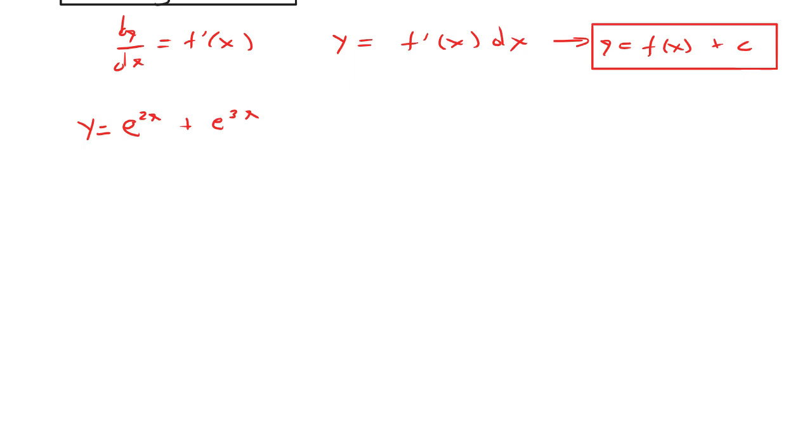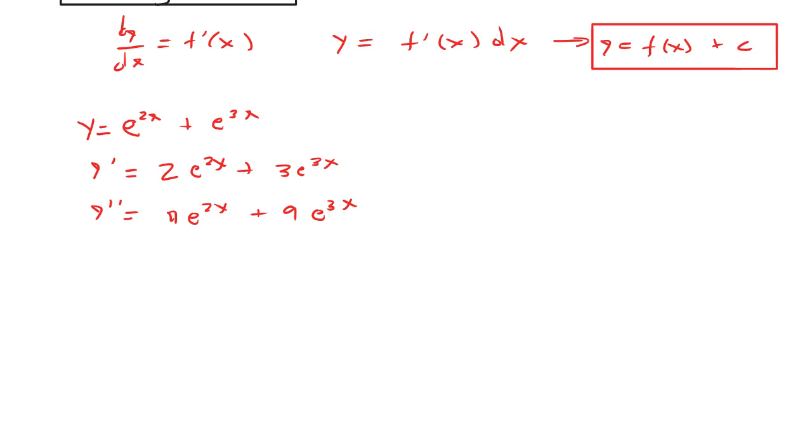One way I can derive an equation is to take the derivative, so we have 2e to the 2x plus 3e to the 3x. What if I take the second derivative? Actually, it's not 6, is it? It should be 4. So I have 4e to the 2x plus 9e to the 3x.